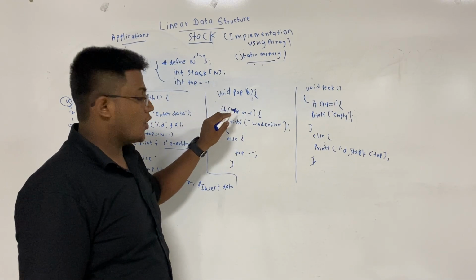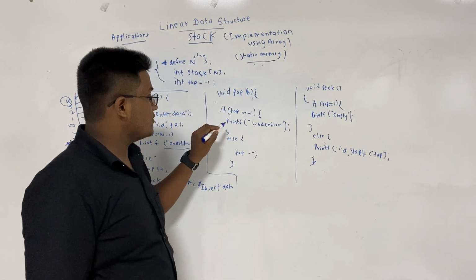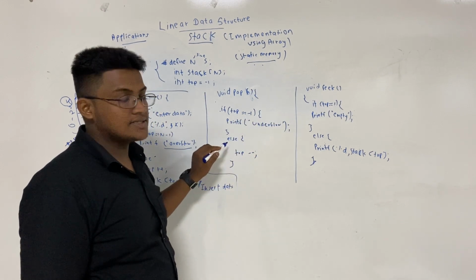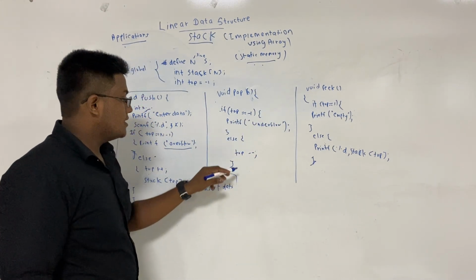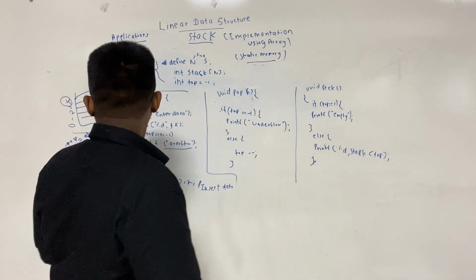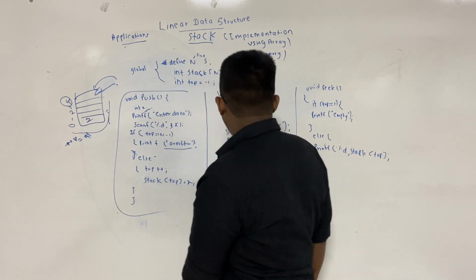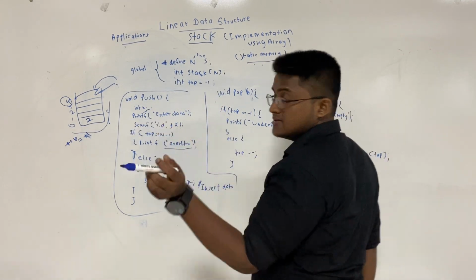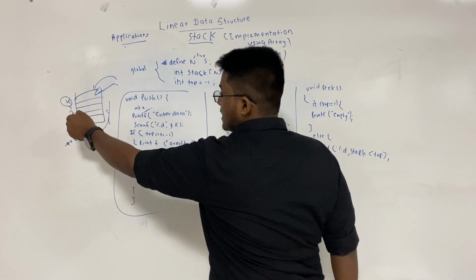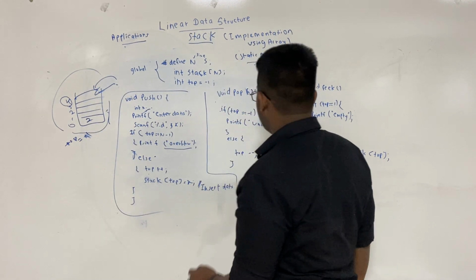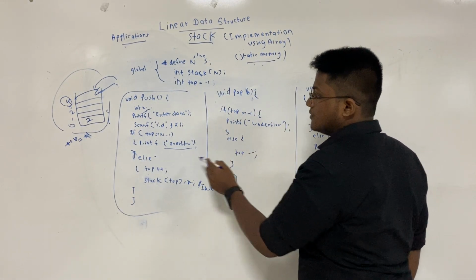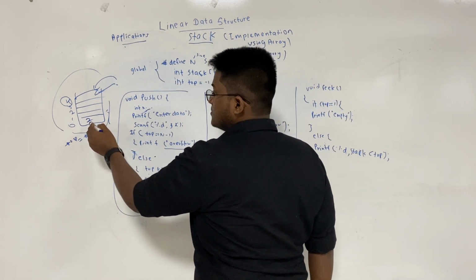So if top is equal to minus 1, we print underflow condition, stack is empty. Else, top minus minus. Here, if you have 2 and the stack is not empty, you have data here, so in the else part we do top minus minus.